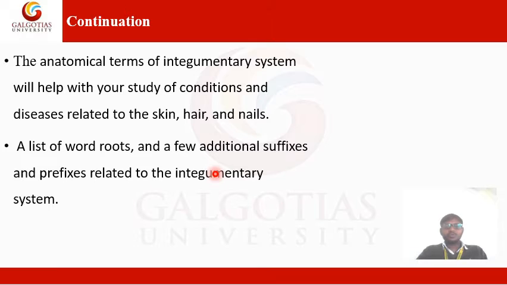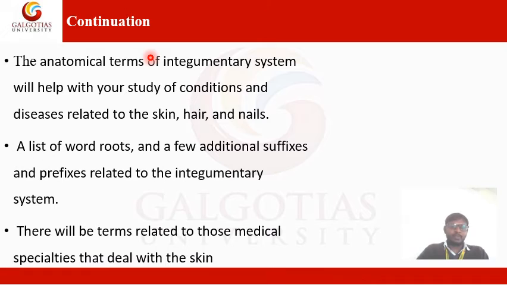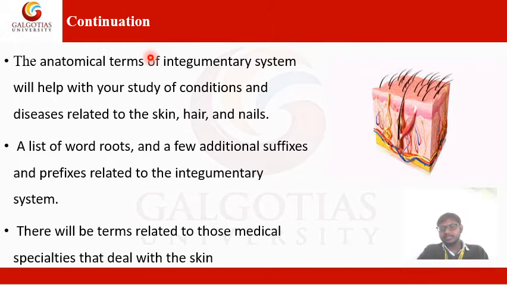Here is a list of word roots and a few additional suffixes and prefixes related to the integumentary system. We already know very well what suffixes, roots and prefixes are, and based on that we study medical anatomical terms. There will be terms related to those medical specialists that deal with the skin. You can see the skin and internal parts.